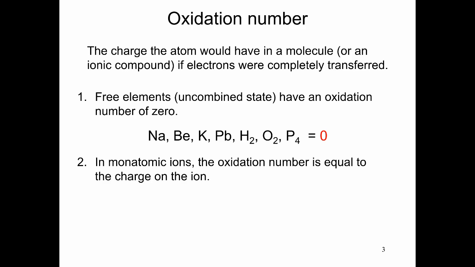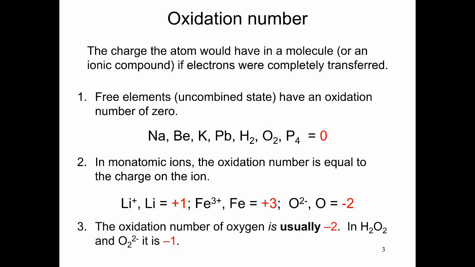Neutral compounds, neutral substances, have a total oxidation number of 0. For monoatomic ions, the oxidation number is equal to the charge of the ion. For example, the lithium ion is +1, the ferric ion is +3, and the oxide ion is -2. Now, the oxidation number of oxygen is usually -2, but that is not always the case.